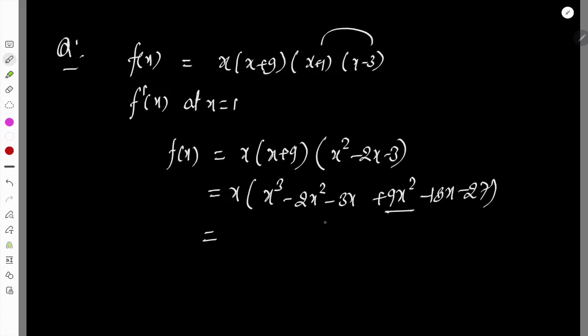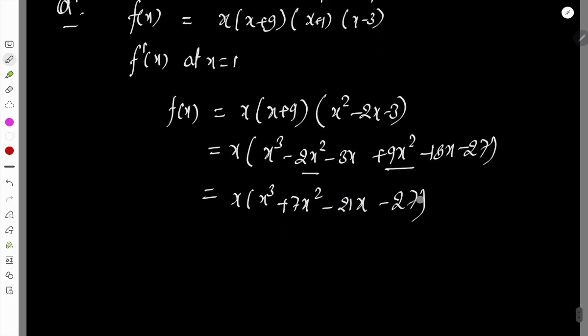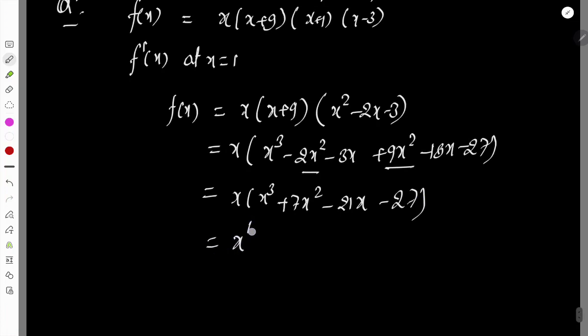You see 9x square and minus 2x square become 7x square. So x cube plus 7x square minus 3x minus 18x minus 21x minus 27. Okay, multiply by x, then what will we have? x power 4 plus 7x cube minus 21x square minus 27x. So we got f of x.